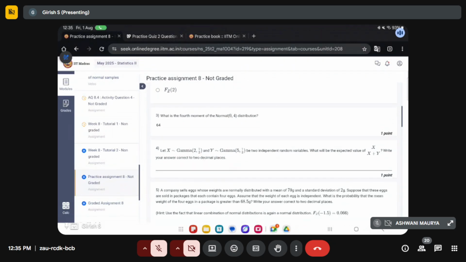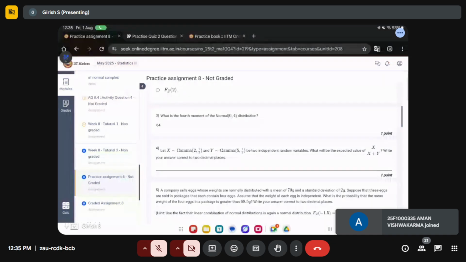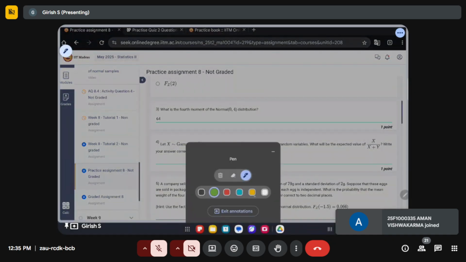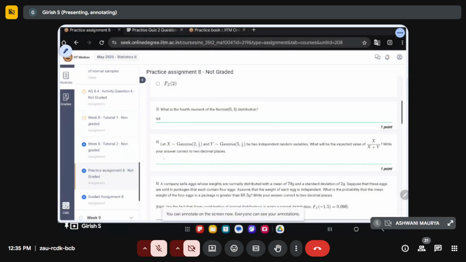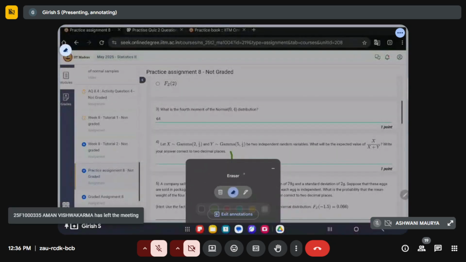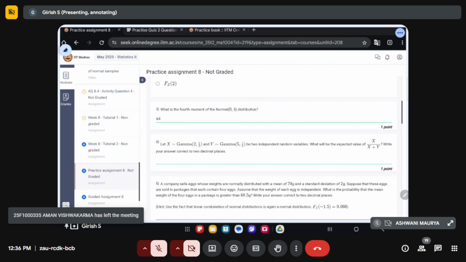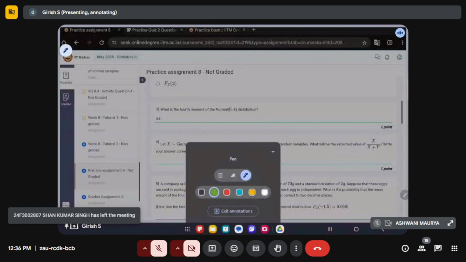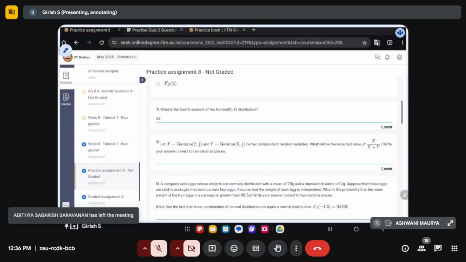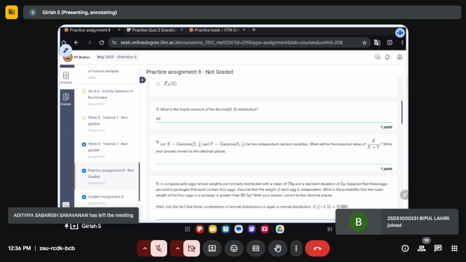Question number 4 here. We have two random variables, x and y. x follows gamma distribution with parameters alpha beta, which is 2 comma 1 by 2, and y follows gamma distribution with parameters 5 comma 1 by 2.